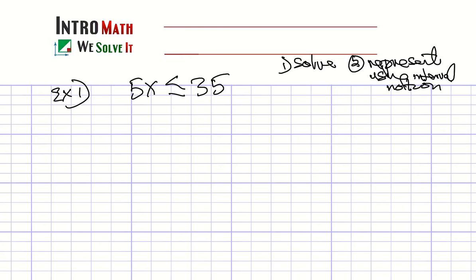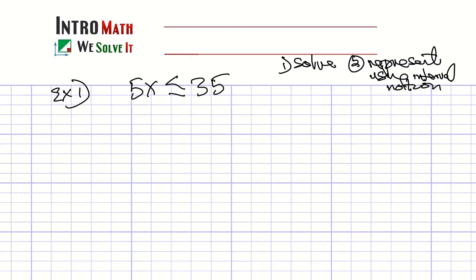That way you see how it's done. First you solve, then you represent with interval notation. I have a bunch of them. So what do you do there? How do you solve that one? How do you proceed? Remember the rule: the only time something changes is when you multiply or divide by a negative number.